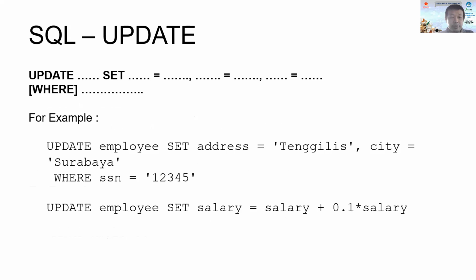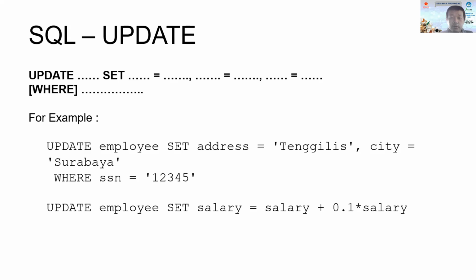Next, for update. With update, we need to use the update statement that looks like this one, where update is followed by the table name, followed by the pair of attribute name and value that we want to update. And finally, we will have the condition.